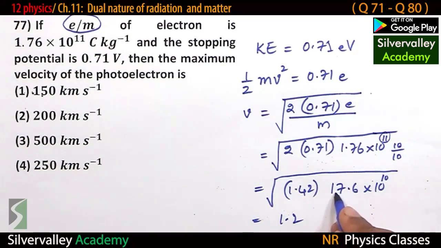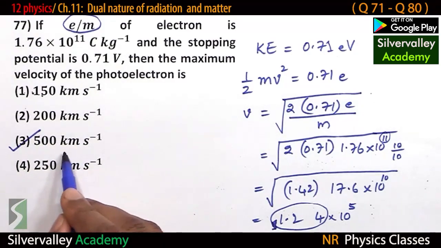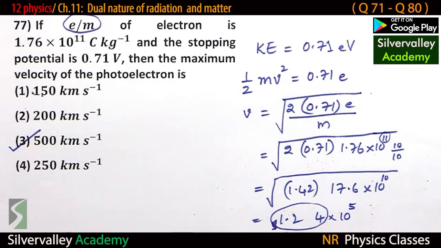Root of 17.6 is about 4, slightly greater than 4. 4 square is 16 into 10 to the power of 5 after square root. 4 times 1.2, and this product is close to 500 kilometer per second. So this is about 5 into 100 into 10 to the power of 3, so 500 kilometer per second.